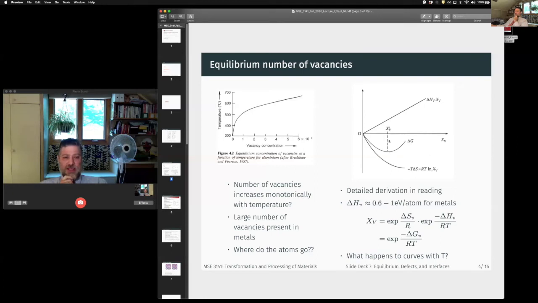As we shift to the right, our equilibrium vacancy concentration gets higher, but this change in the Gibbs free energy curve also gets deeper and deeper. So not only do we have more vacancies, we also have more of a driving force for their creation.